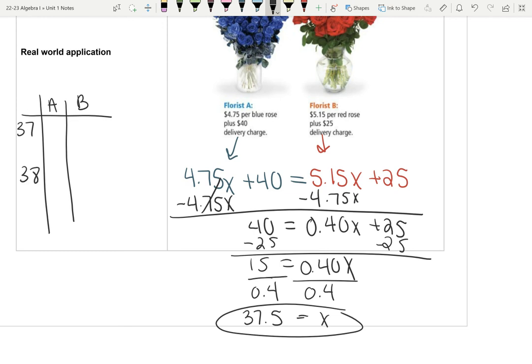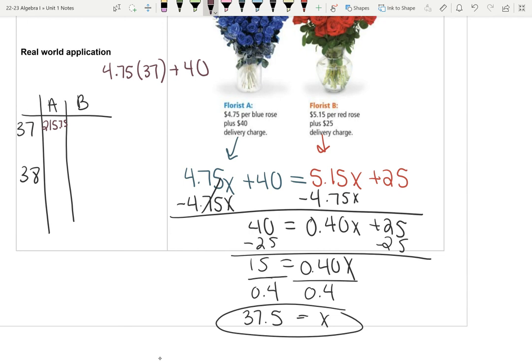So for florist A, for 37 roses, I'll write out this first example here. You would do 4.75 times 37 plus 40, and that would tell you how much that is. So 4.75 times 37, and then add 40, you would get $215.75.